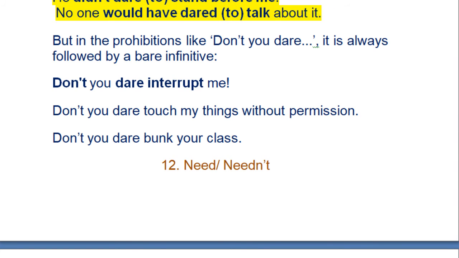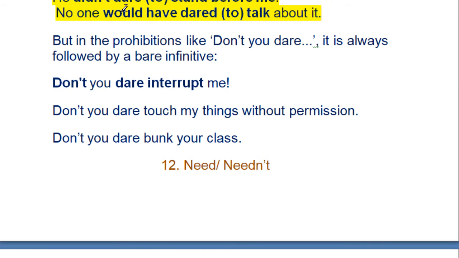But one thing is sure, that when dare is followed by a to infinitive, at that time it acts as a main verb. It does not act as a modal verb. A modal verb is only followed by a bare infinitive.